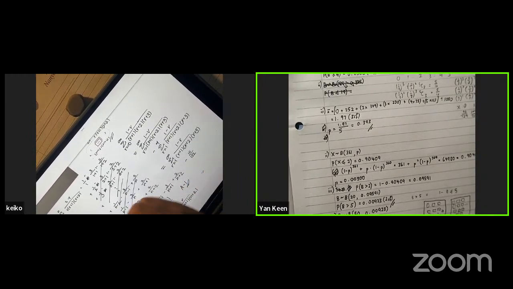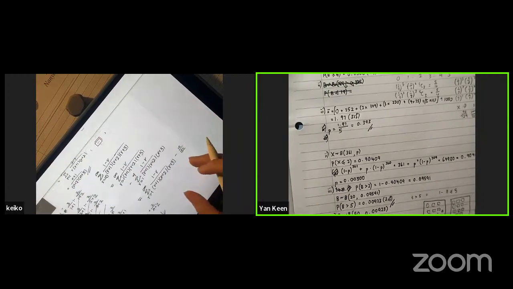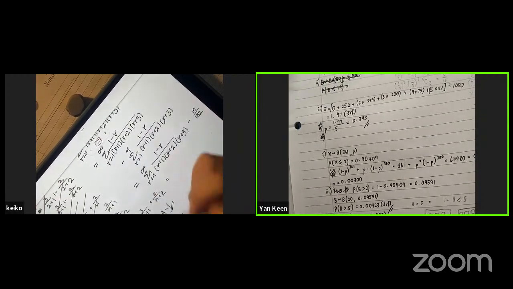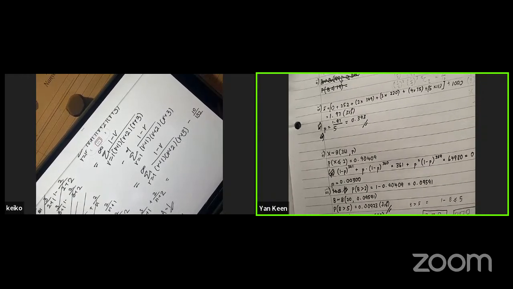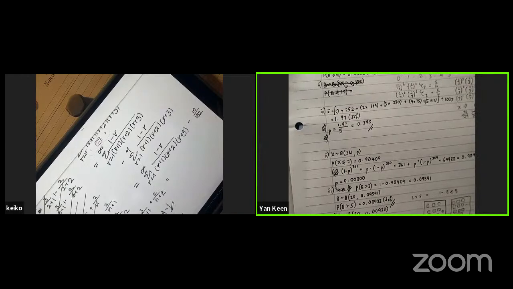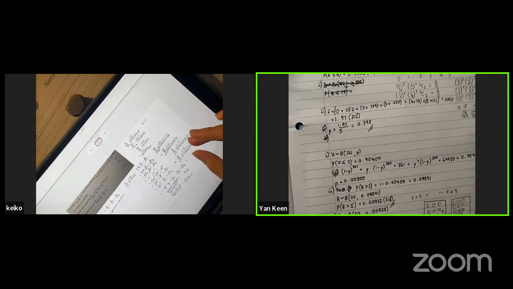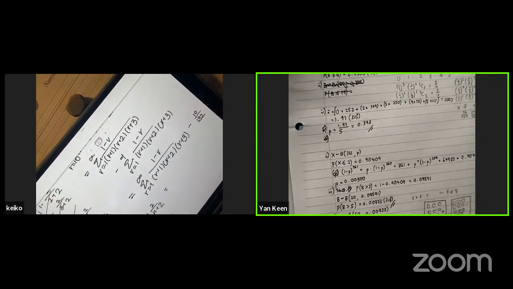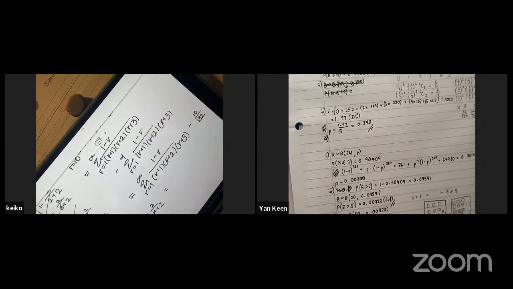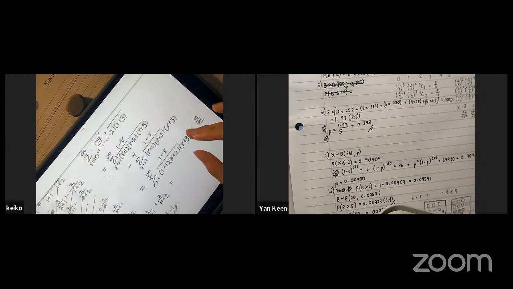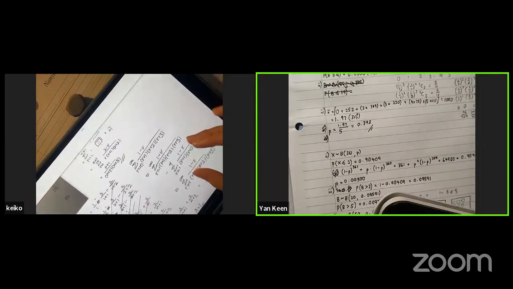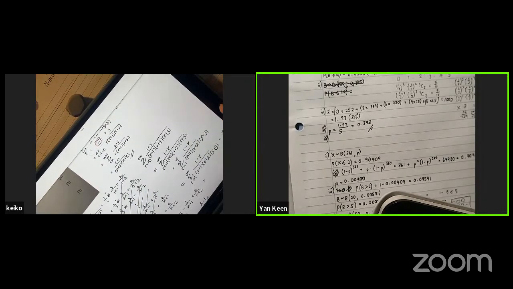Why do you even learn binomial, if you don't even know that this is binomial? Hang on, let me check something. Let me think. So 50 batches, I reject one.